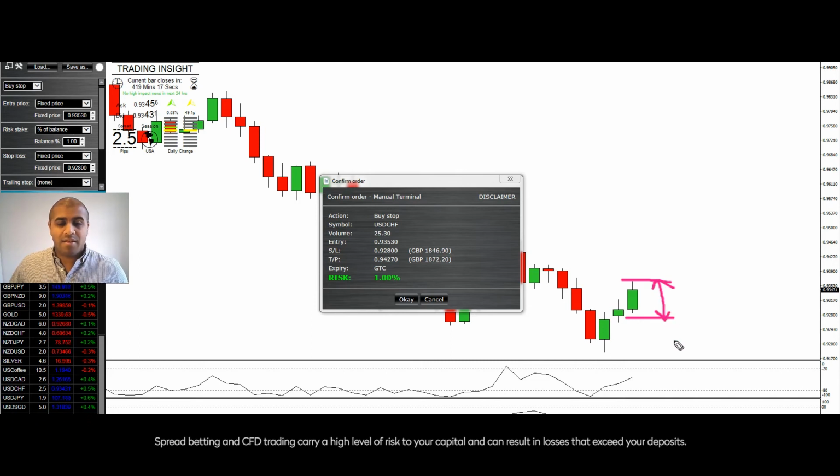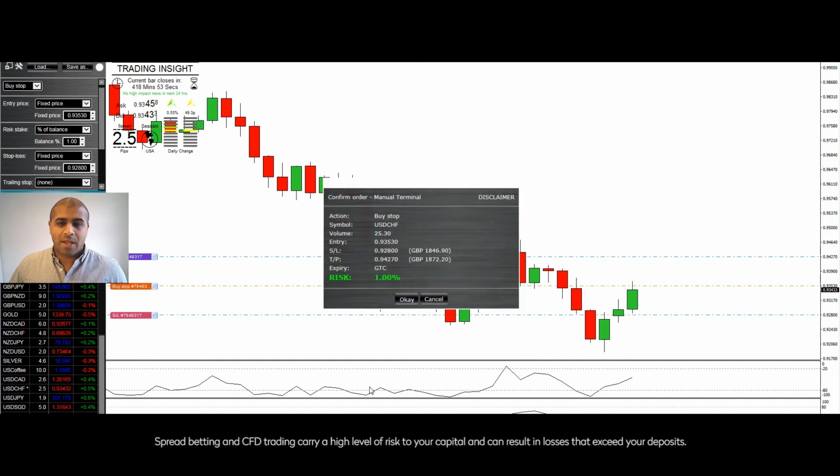Then it uses that number and 1% of my account, how much I'm willing to risk, and divides to give me a unit size to trade at. This is already calculated for you in this particular platform. It does all the calculations for you.